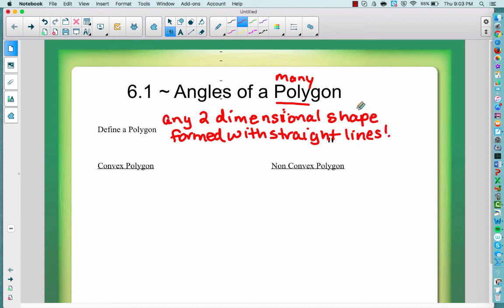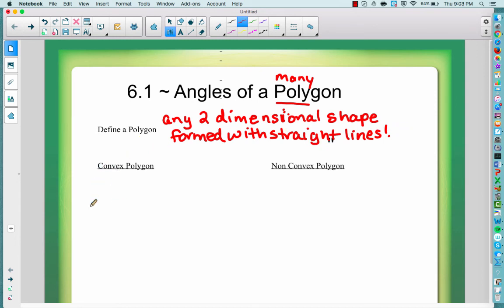Okay, so like a triangle, a quadrilateral, a hexagon, those are all types of polygon. In the name, the general forms, their name indicates the number of sides they have. But like a circle is not a polygon because it's not formed with straight lines.